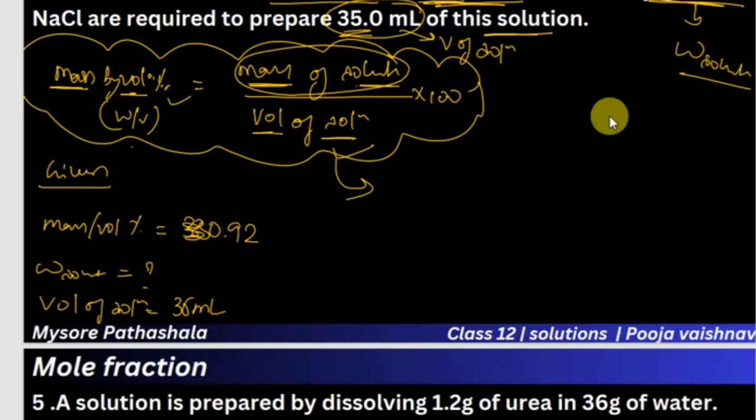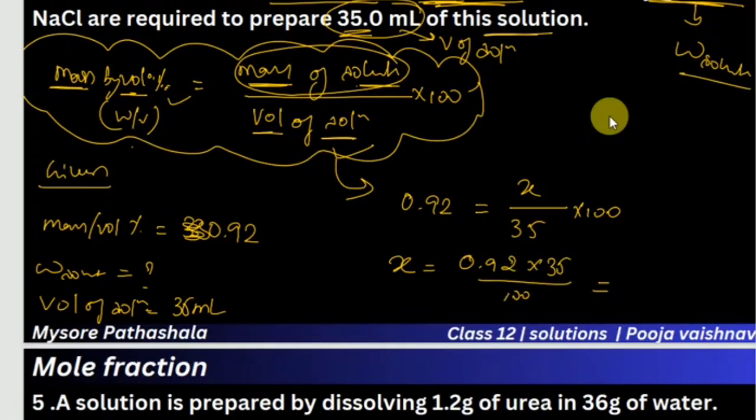So simply we substitute here: percentage 0.92 equals X divided by 35 into 100. If we solve this, X is equal to 0.92 into 35 divided by 100, and we get the value in grams. Very simple. The thing is, you need to know the given data properly, and then you can find the answer easily.